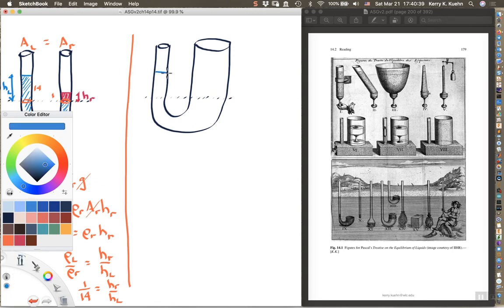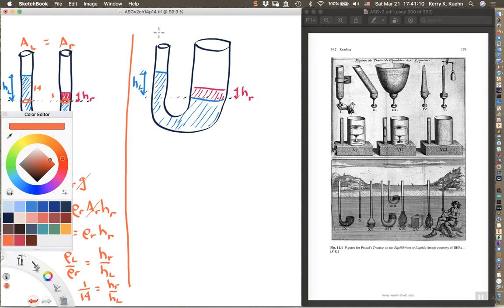So we're going to have water like this. And on the right-hand side, we have mercury. And the height of the mercury, we'll call that height on the right. And on the left, we'll again call this the height on the left.